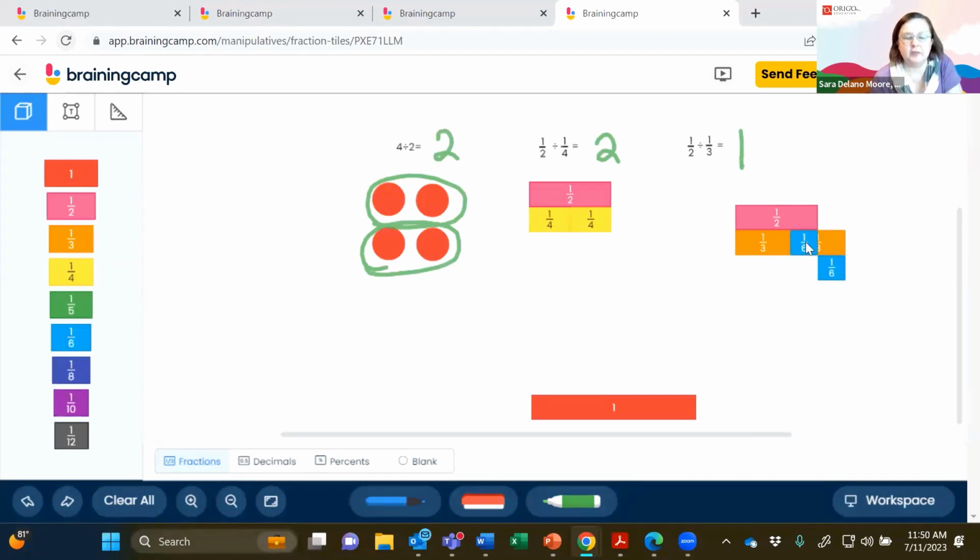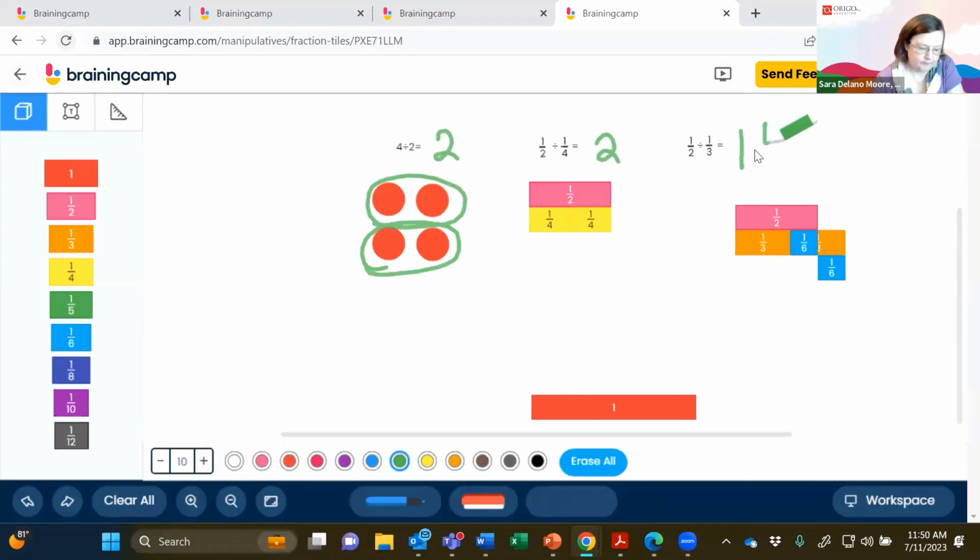So there are 1.5 1/3s in 1/2. This is where the verbal part comes in. How do I write it? How do I say it? There are 1.5 1/3s in 1/2.